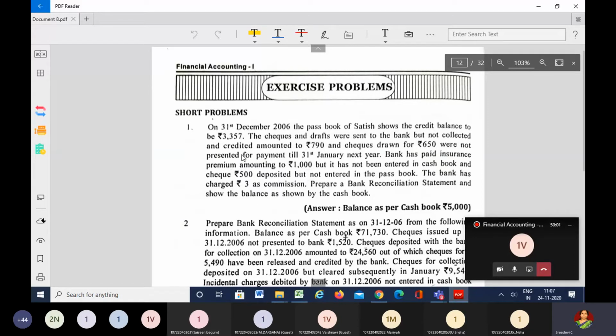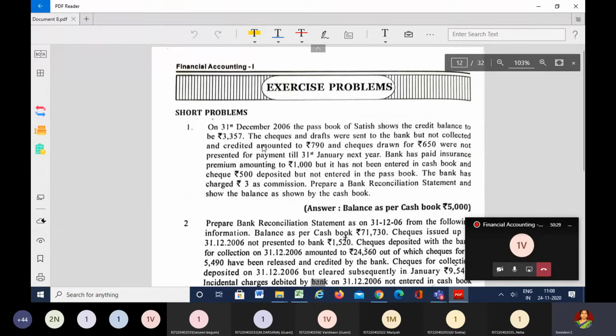That means you're purchasing from the bank by depositing a certain amount with the banker. So the checks and drafts were sent to the bank but not collected and credited, amounted to 790.